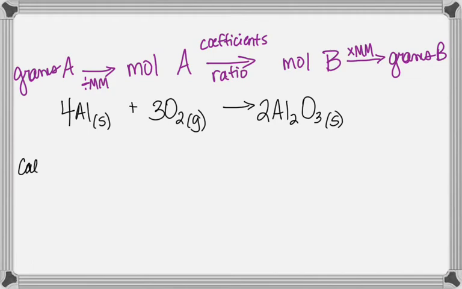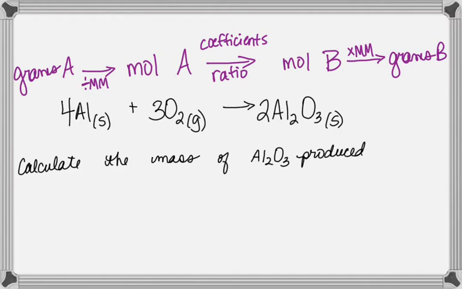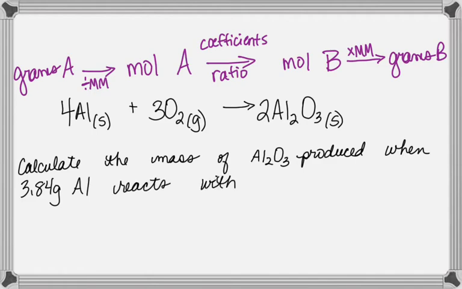So, let's calculate the mass of aluminum oxide produced when 3.84 grams of aluminum reacts with excess oxygen.